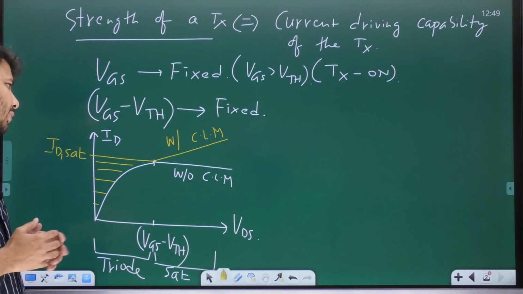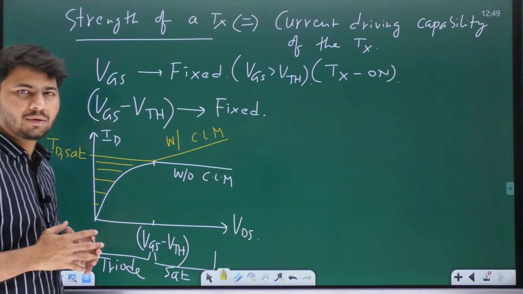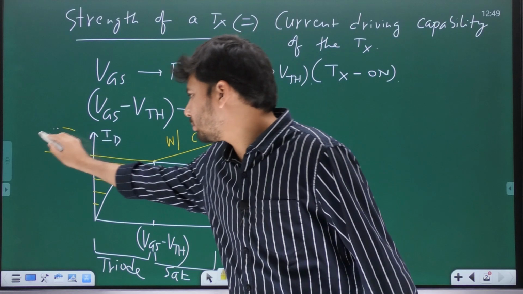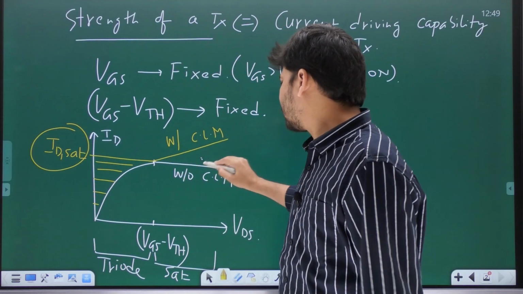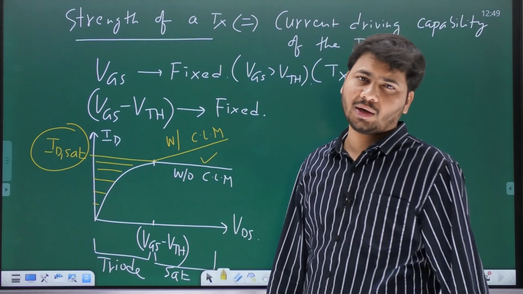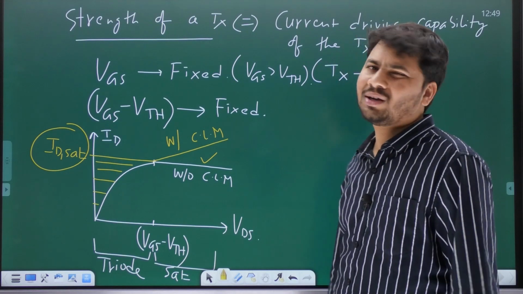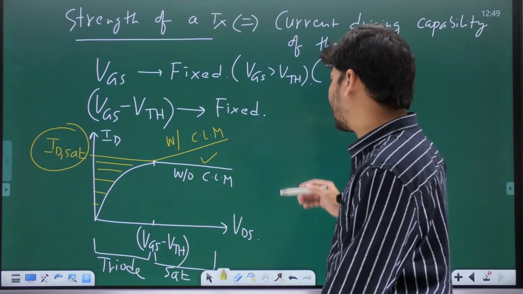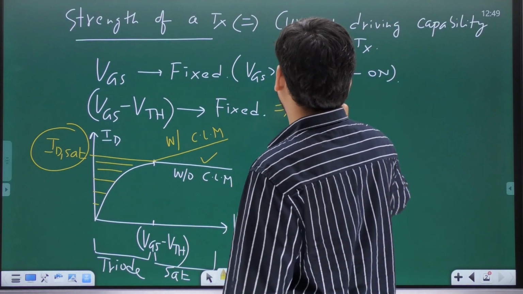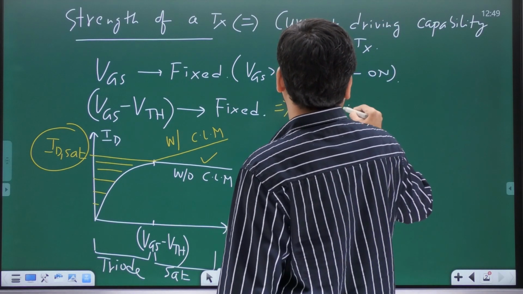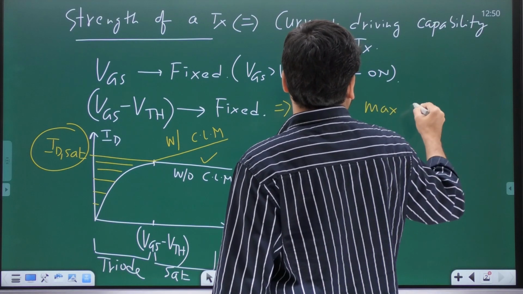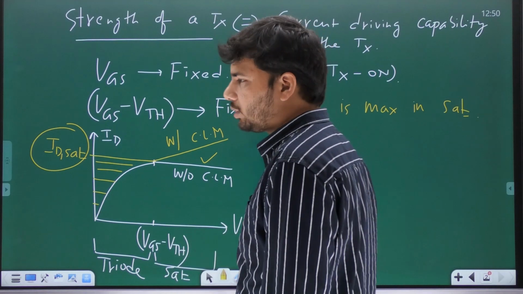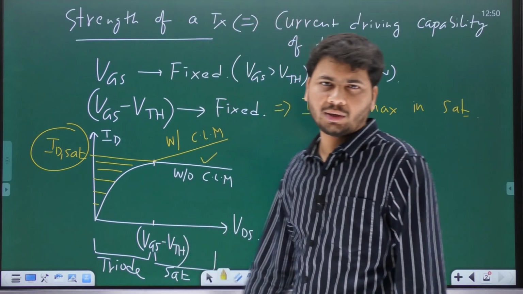So now the conclusion is, for a fixed value of VGS minus VTH, the drain current is going to be maximum in saturation. For a given value of VGS minus VTH or VGS, the drain current is going to be maximum in saturation. ID is maximum in saturation, as you can see from the plot between ID and VDS.